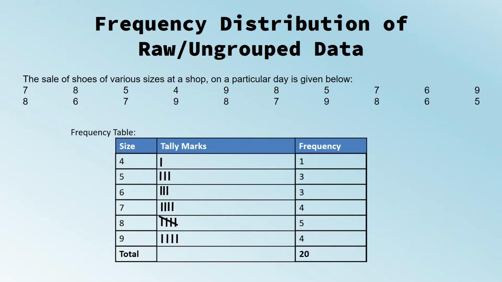Now this table helps in interpreting the data more conveniently rather than just looking at the raw data. The tabular form says that for a particular size, say for example size 7, we can directly see from the frequency column that there were 4 pairs of shoes of size 7 sold on that day.